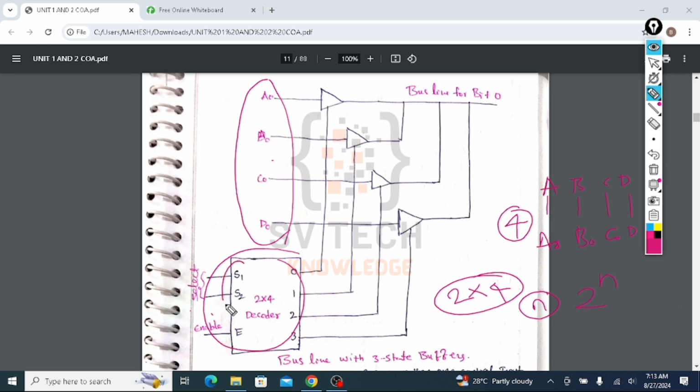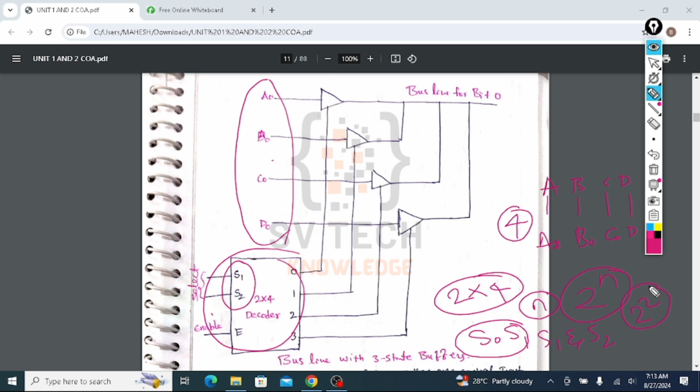It is taking 2 inputs, which are called S0 and S1, so it should give 2 power 2 outputs. 4 outputs will be there. Those outputs will be connected to the control line of the tri-state buffer, which acts as a control signal.